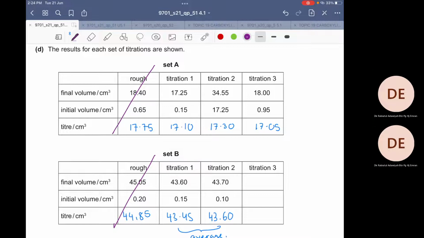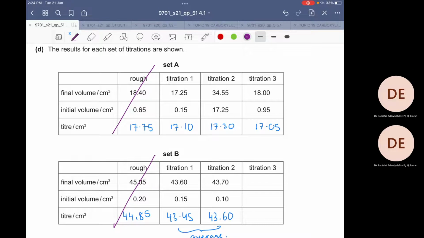Okay. Before I move on, what's the maximum difference between two titer values you are allowed in the practical? 0.2 or 0.1? The difference between two titers must be within 0.1. So they must be within 0.1 of each other, okay?